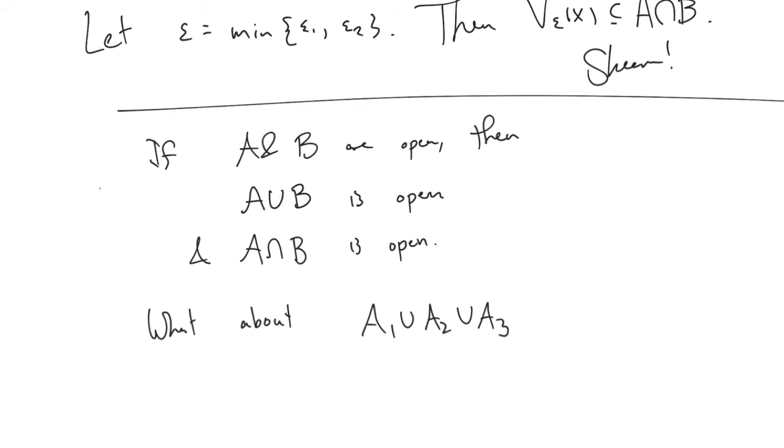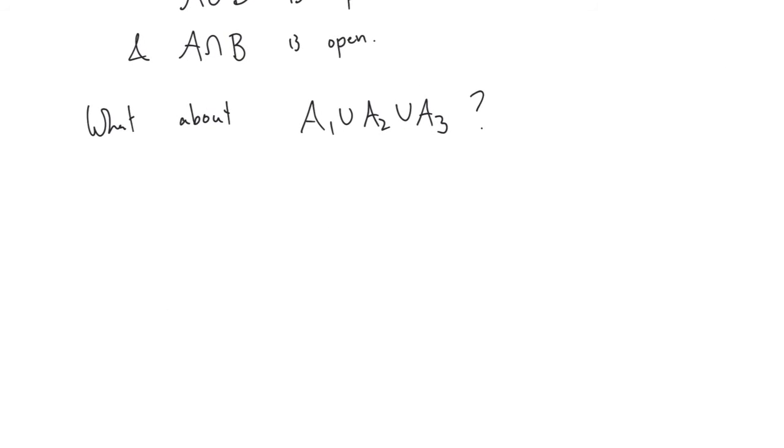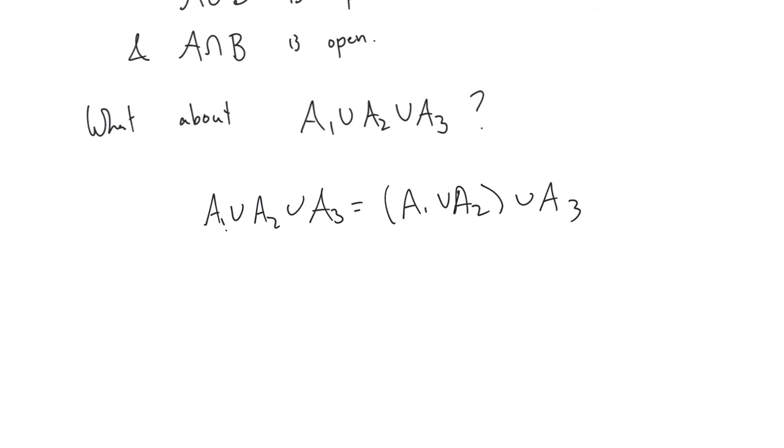So if A1 union A2 is open, then you can write it as a single set. So this thing, A1 union A2 union A3, is the same as this, right? There's an associative property for unions and intersections also. What I'm about to say works for the intersection also.